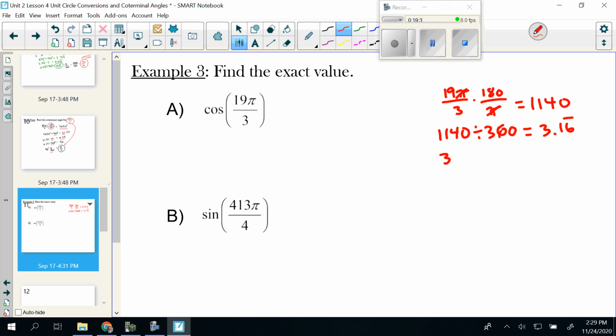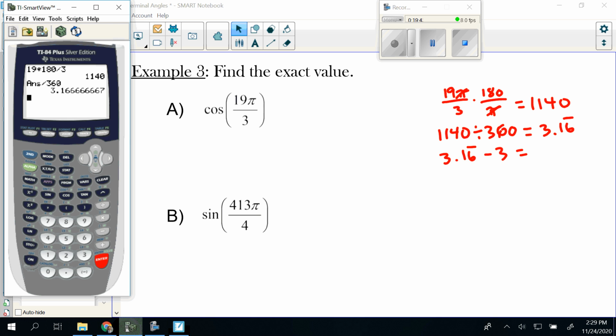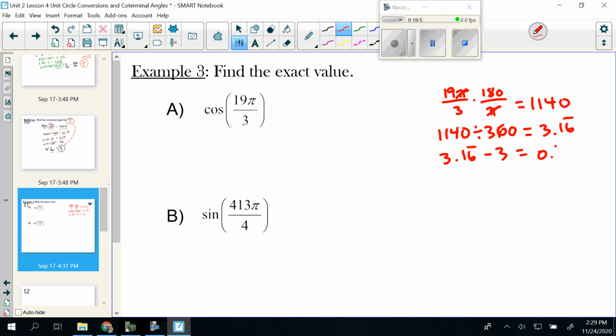Let's minus off those 3 revolutions. And if we do that, we get that remaining amount, and then we're going to multiply that back by 360 and that'll give us the coterminal angle here. So it looks like it's the same as 60 degrees.